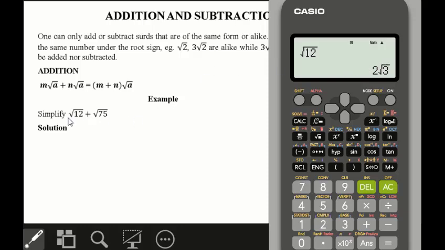That means if you are going to express this root 12, you multiply this 2 by itself to give us what? 4. So that one will give us 4 times 3 under the square root, right? Good. Then we do the same for the root of 75.